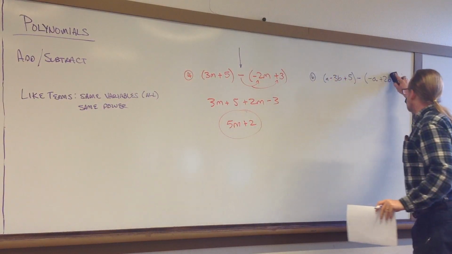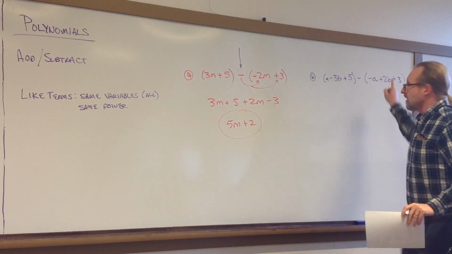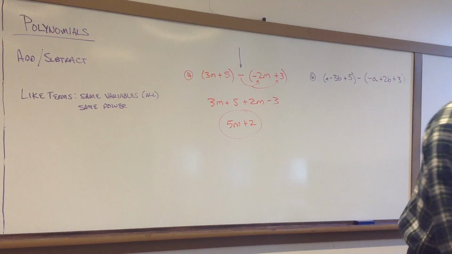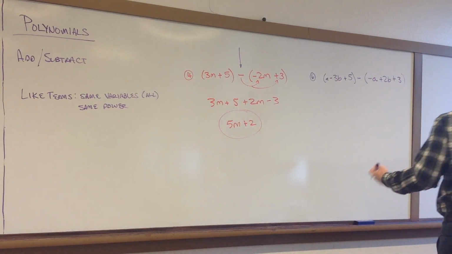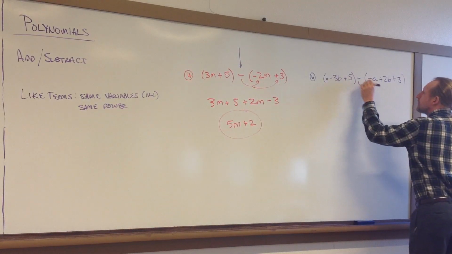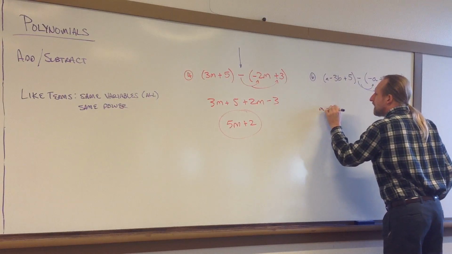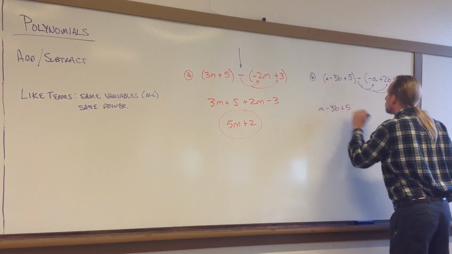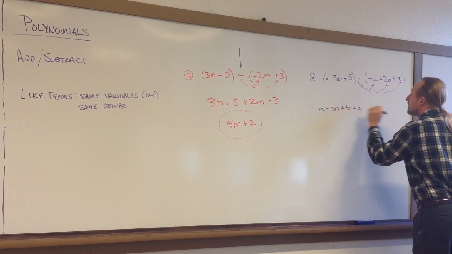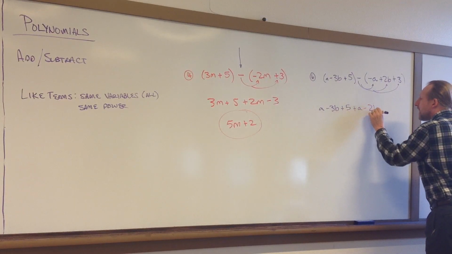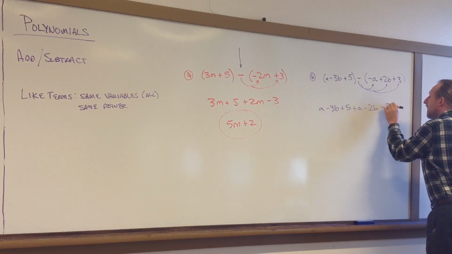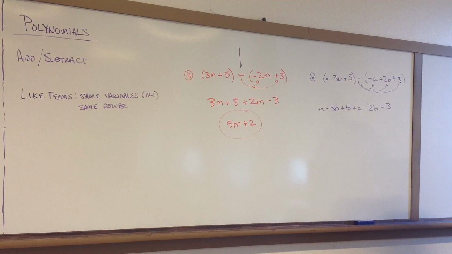And again, when we do this subtraction here, what we want to do is distribute that negative, or negative 1, into the parentheses. So this will stay the same, a minus 3b plus 5. This will be a positive a, negative 2b, and then minus 3.